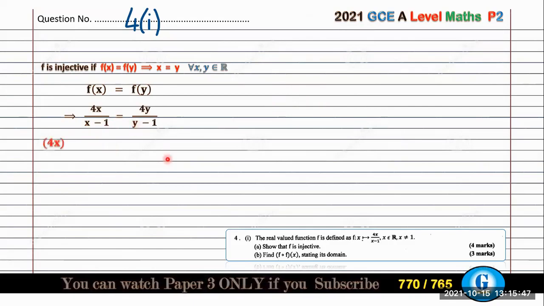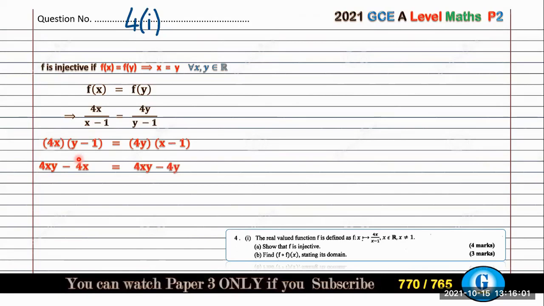You cross multiply: 4x into (y minus 1) equals 4y into (x minus 1). We expand: 4xy minus 4x equals 4xy minus 4y. So 4xy we can cancel out on both sides, and we are left with minus 4x equals minus 4y, and x equals y. So therefore, f is injective.